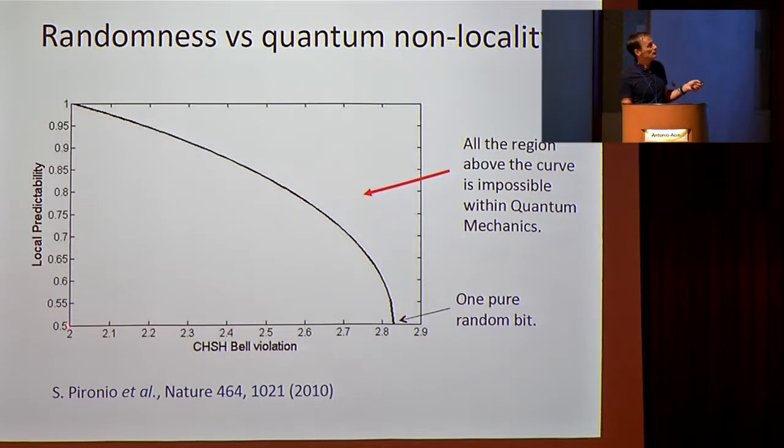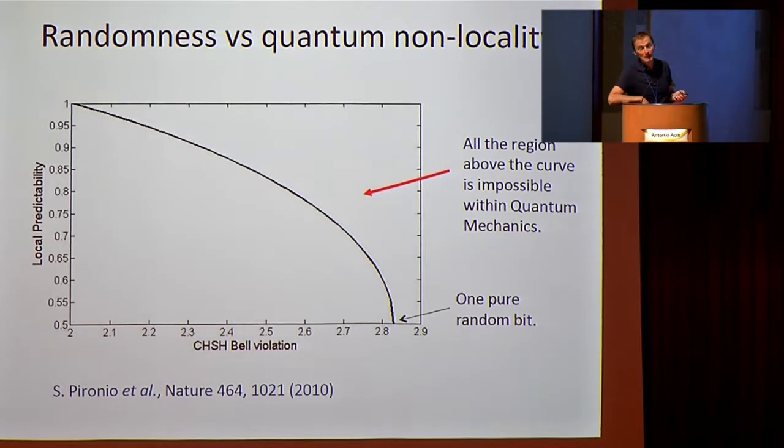So at the point where you don't violate the inequality, remember the bound was 2, the predictability is 100%. There is no randomness. But as soon as you start violating the inequality, you have some lack of full predictability that you can use to generate proper random numbers. And the only reason why we can establish this curve is because all this region here is impossible with quantum physics.